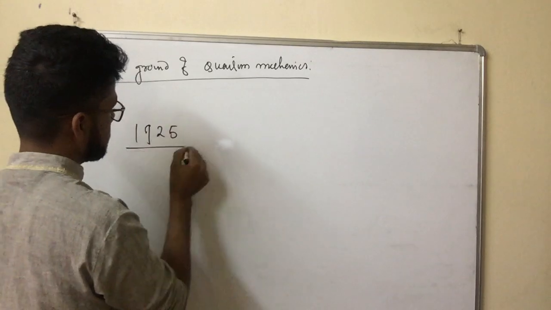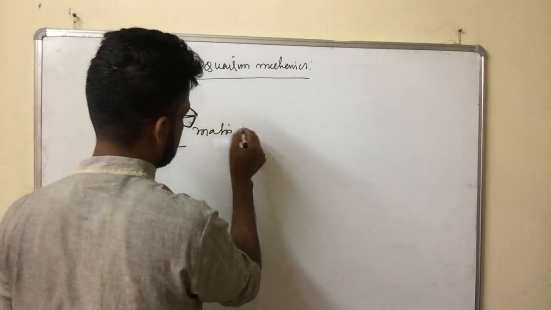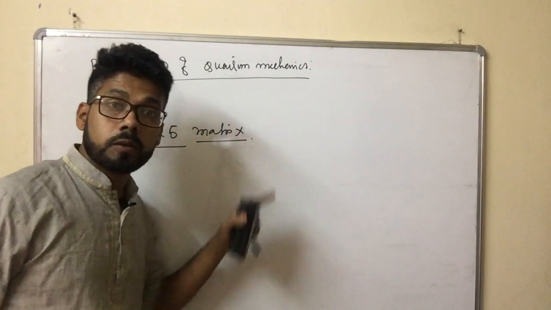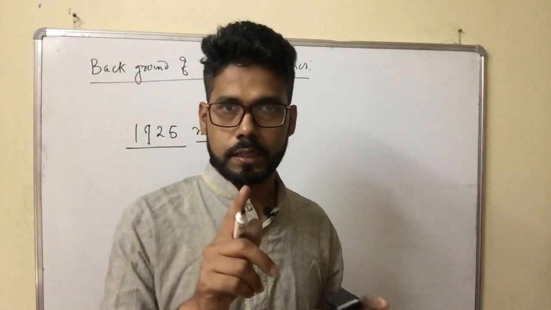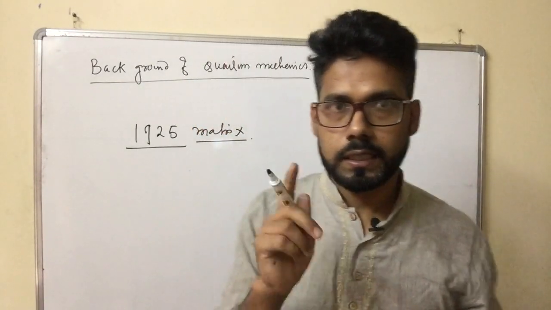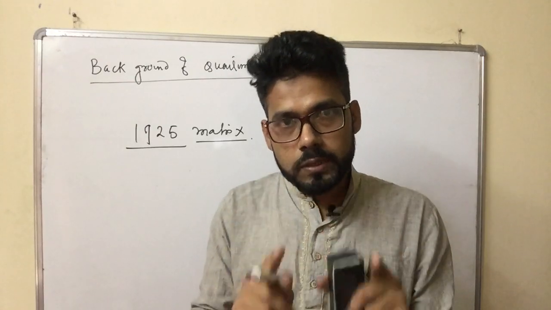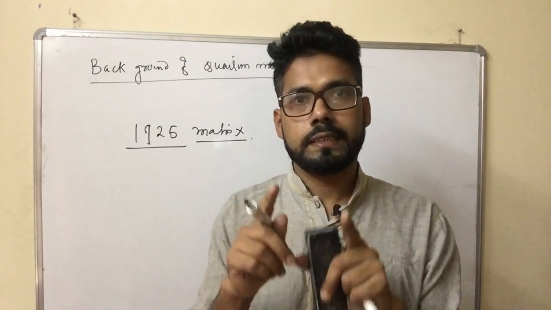So after all these experiments, in 1925, the first quantum mechanical formulation was developed by Heisenberg.